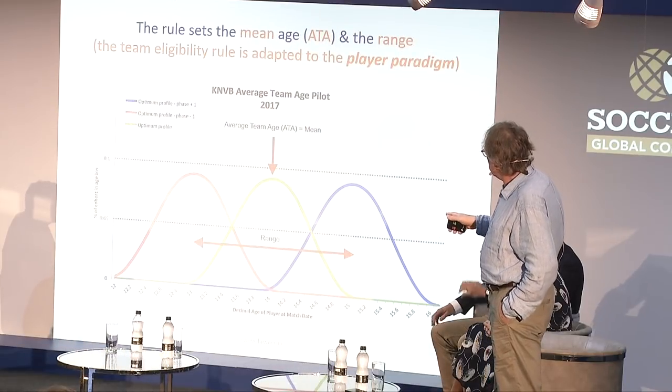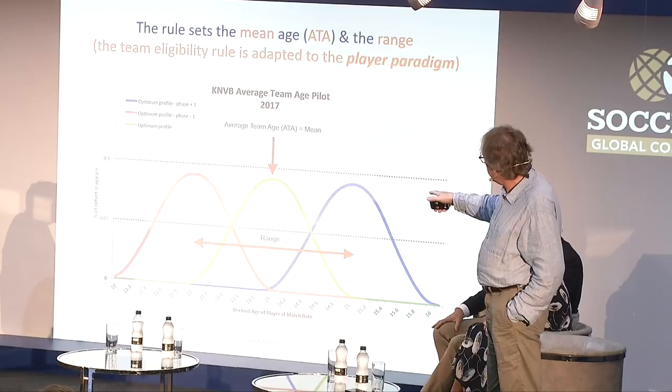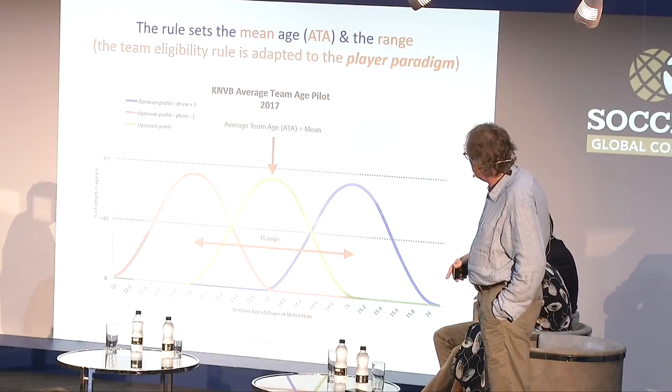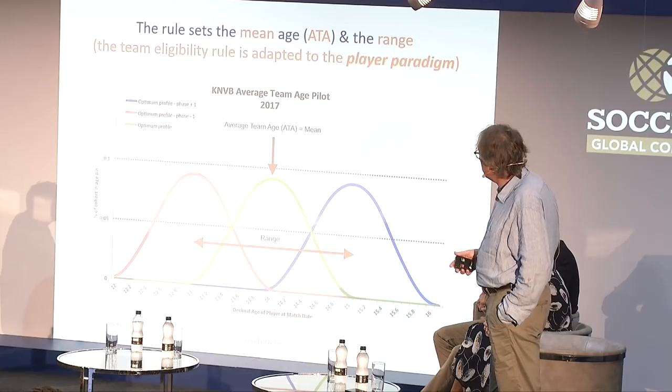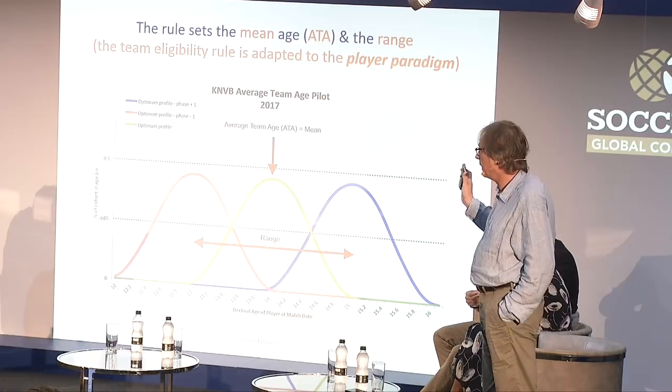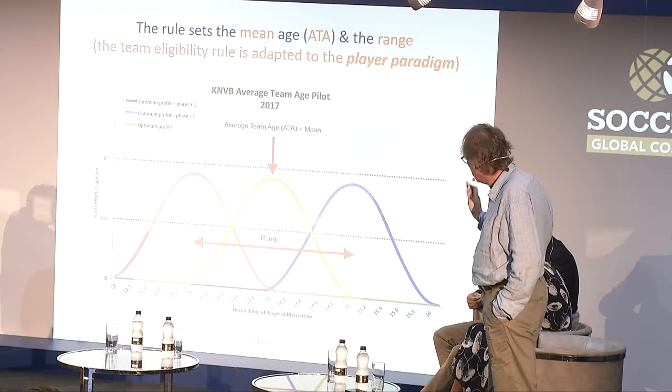And what that does is it sets the mean age of the team, and we're seeing that in any case, and it defines the range of the team, and both of those are completely adaptable. We can move that average age to whatever number we want, and we can control the range and make it tighter or wider depending on what our intentions are.